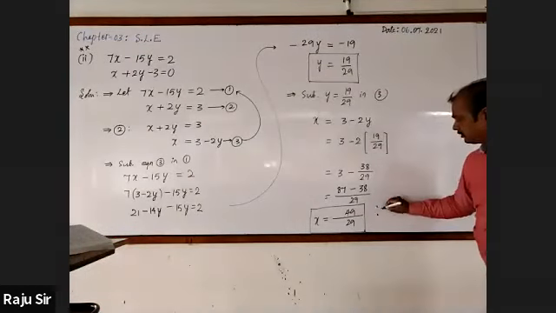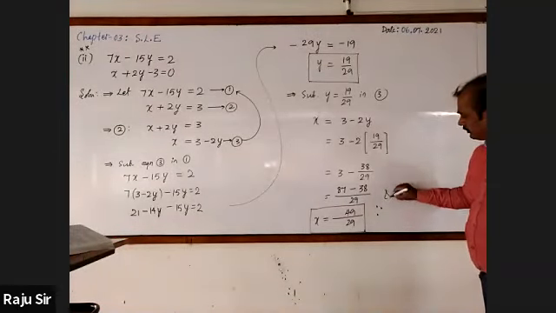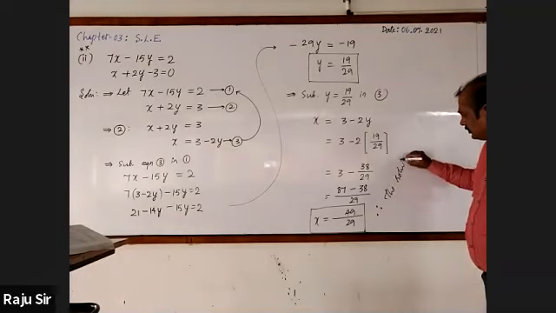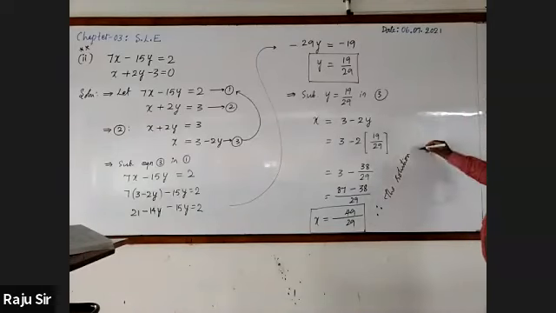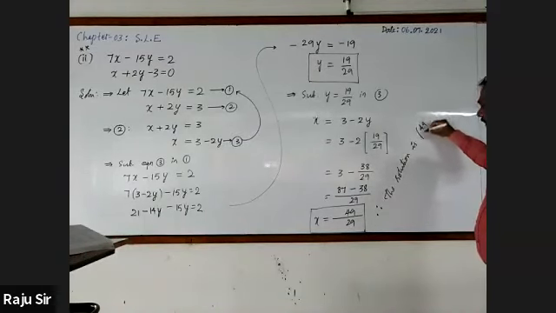Let us write the conclusion. Therefore, the solution of the given equations is x is 49 by 29 and y is 19 by 29.